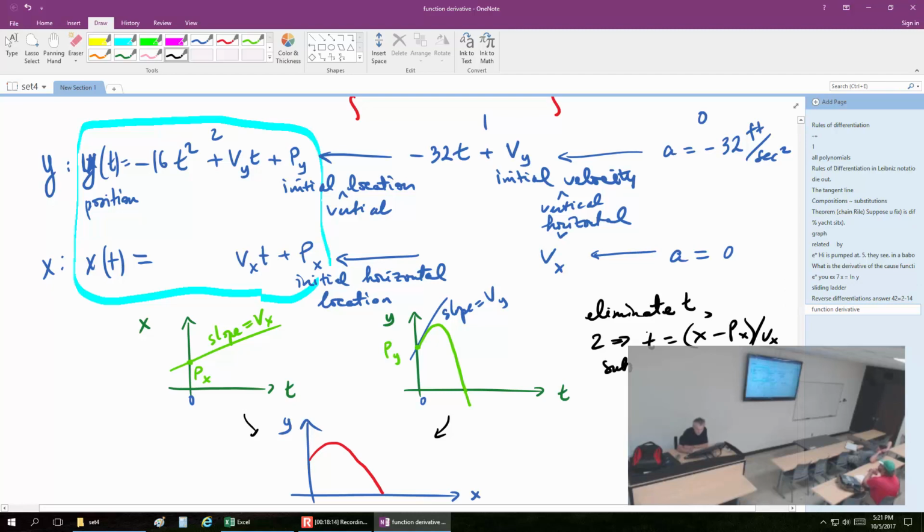Okay, substitute into the first one. And what do I get? I have y equal negative 16 times the expression x minus p sub x over d sub x, squared, plus v sub y times x minus p sub x over v sub x, plus p sub y.